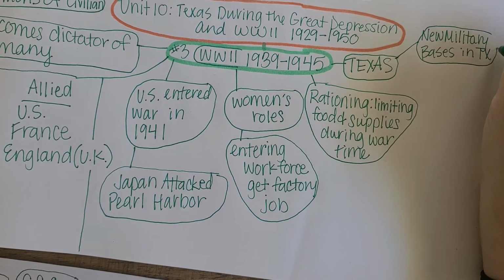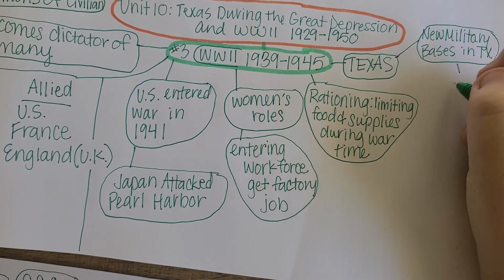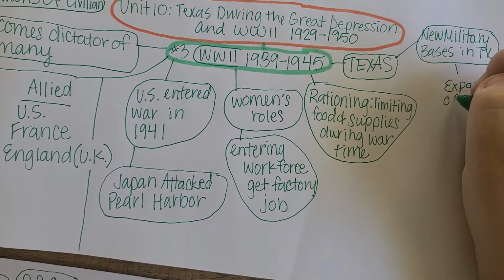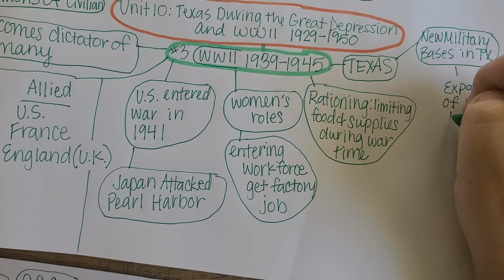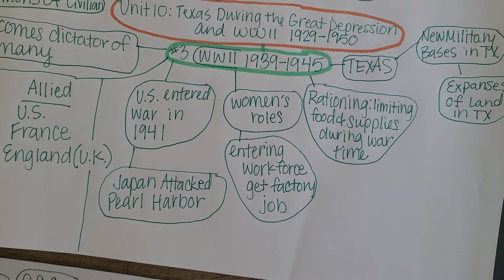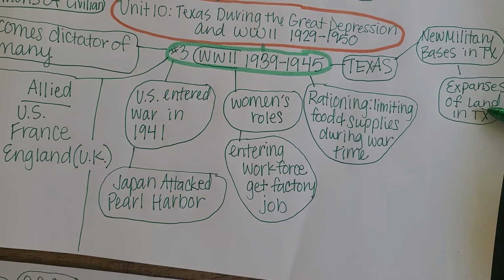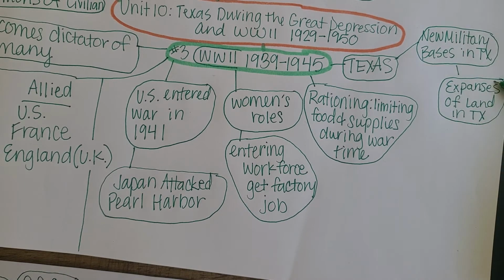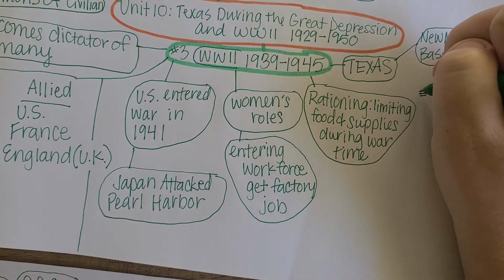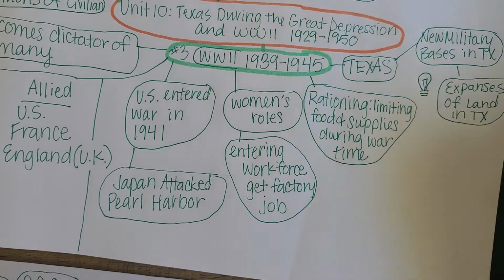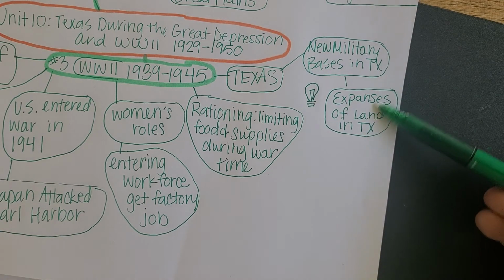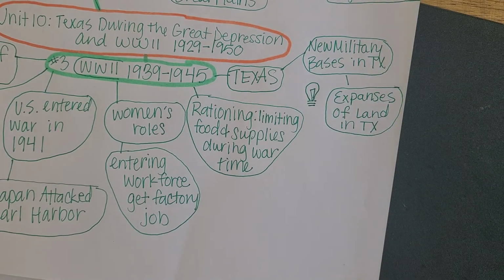And the reason for that is because there are large expanses of land in Texas. Hey, wait a second. We talked about that in Units 4, 5, 6 and 7, where people are moving to Texas because of cheap available land. Hey, this might be an overarching theme of Texas history, that there's a lot of land available, so it attracts all sorts of people to Texas, including, in this case, military bases.